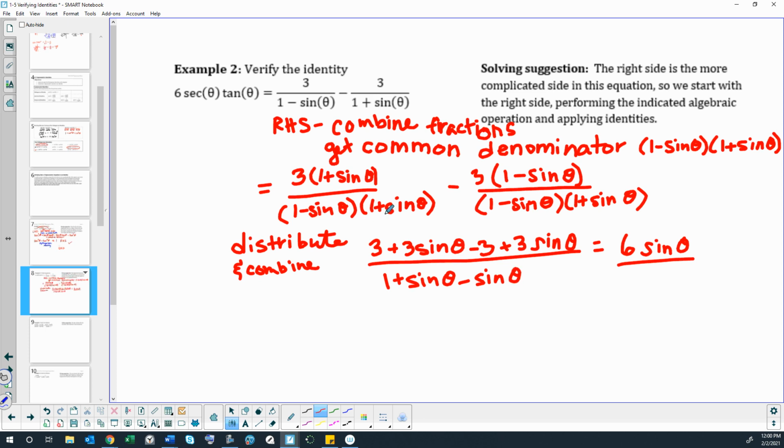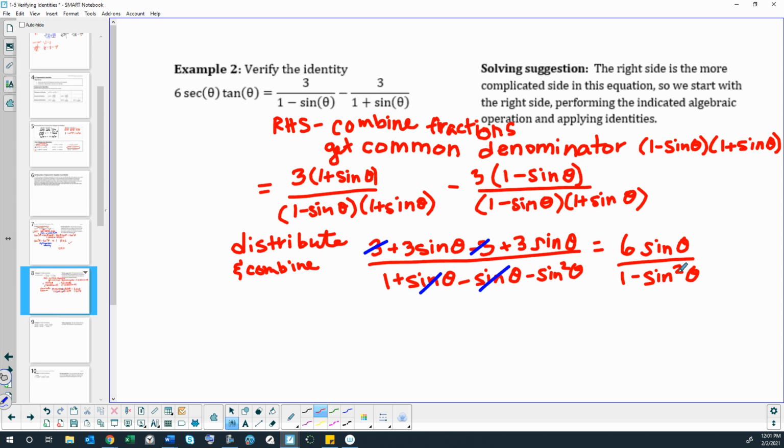And then negative sine theta times positive sine theta is negative sine squared theta. So those canceled, and we have 1 minus sine squared theta.